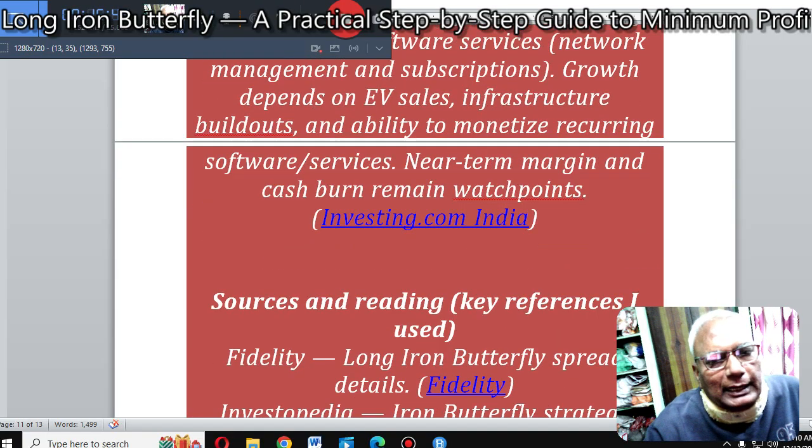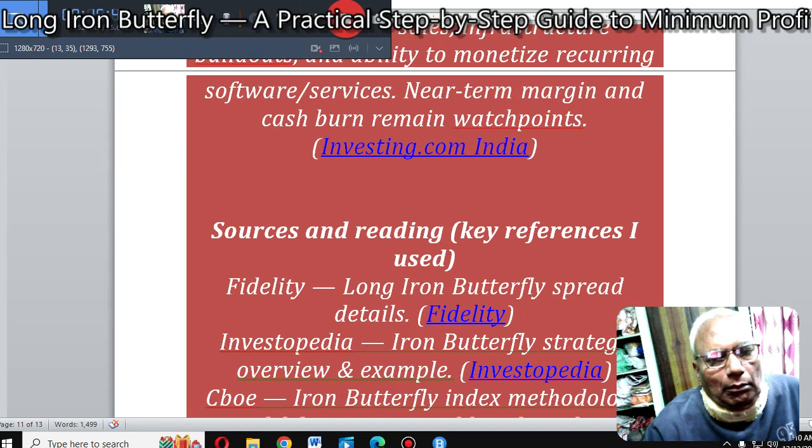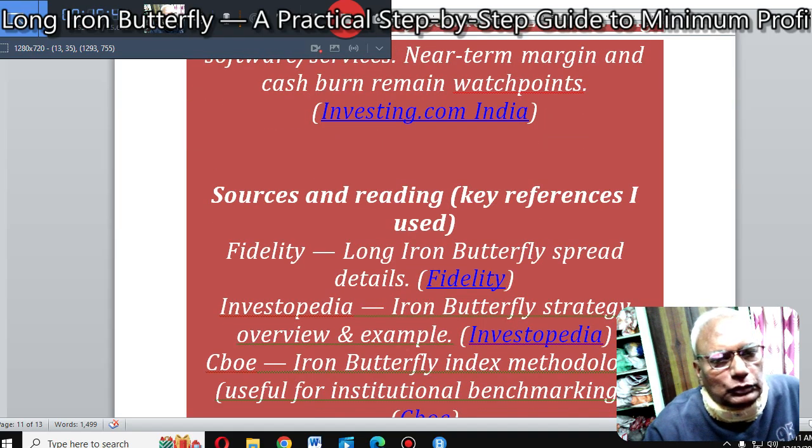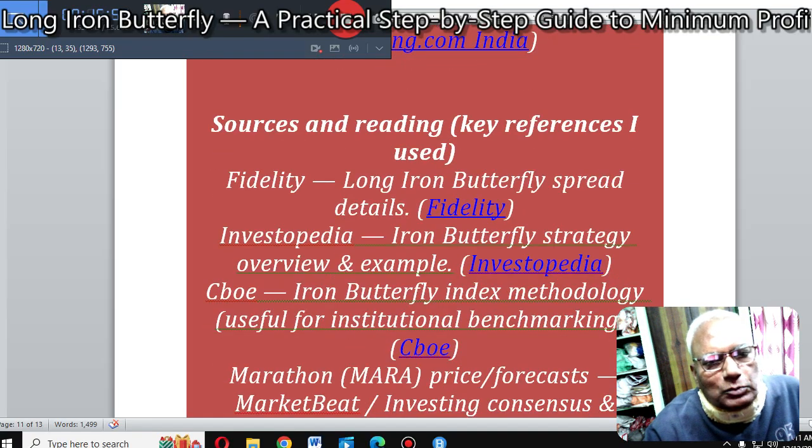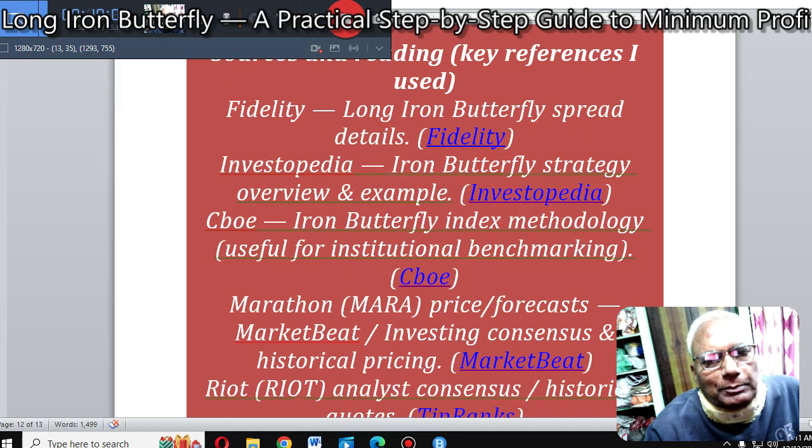Sources and reading. Key references used: Fidelity, long iron butterfly spread details. Investopedia, iron butterfly strategy overview and example. Cboe, iron butterfly index methodology, useful as an institutional benchmark.